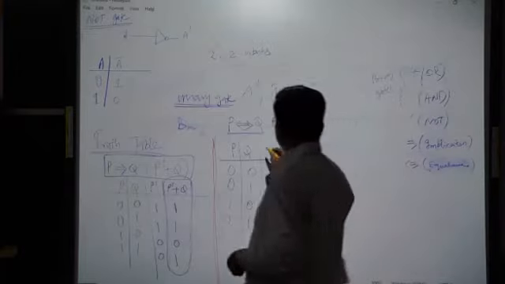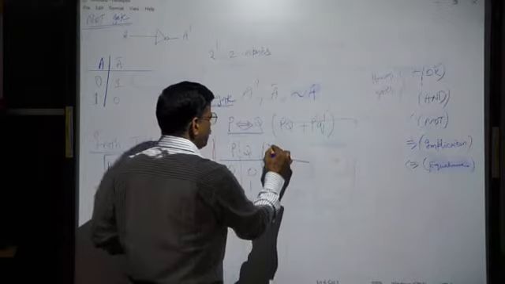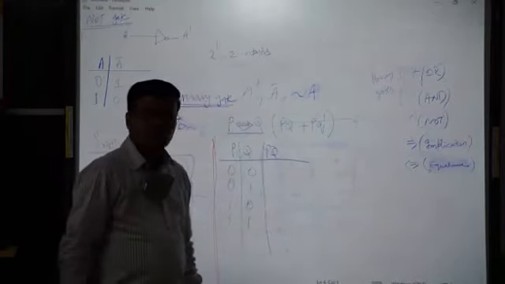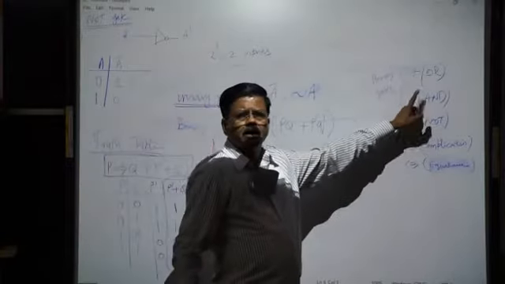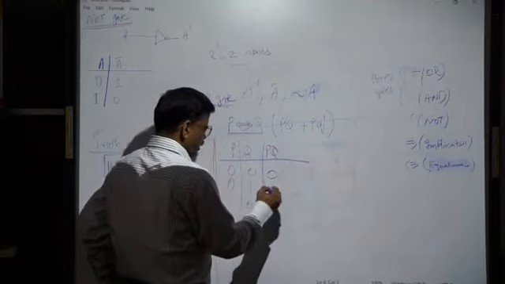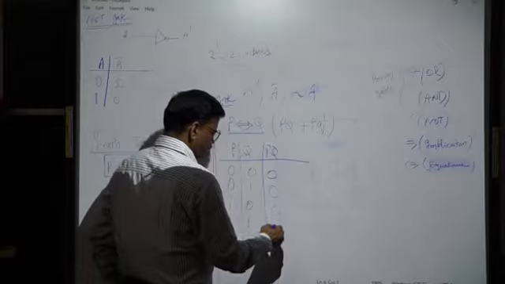First of all, we will find out PQ. PQ means it's understood that between P and Q there exists a dot. Dot means what operator? AND operator. 0 and 0 is 0. 0 and 1 is 0. 1 and 0 is 0. 1 and 1 is 1.